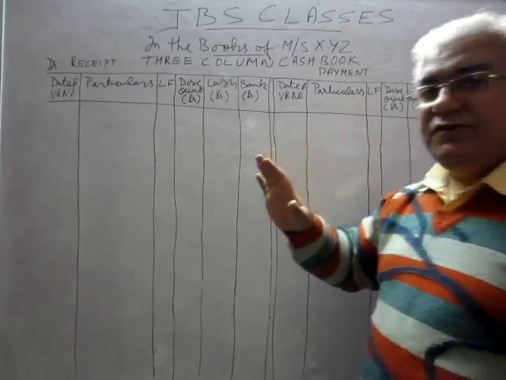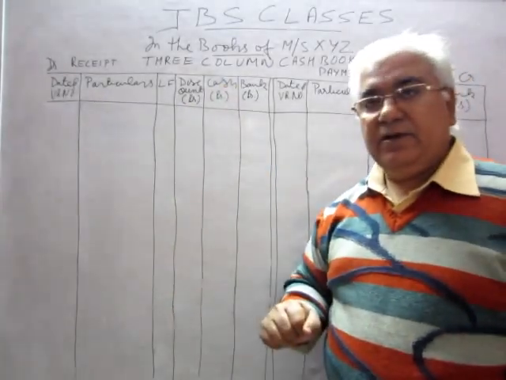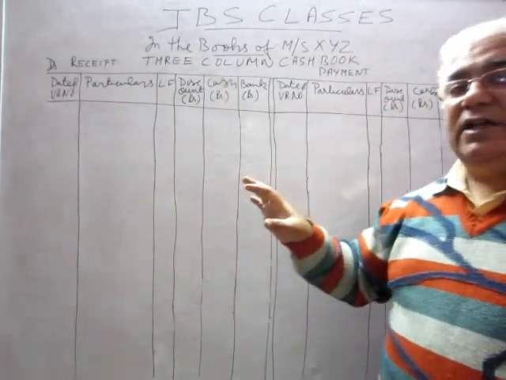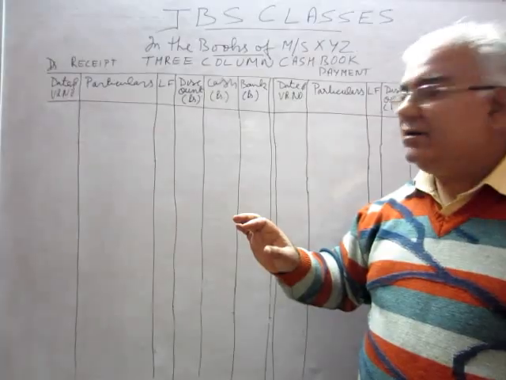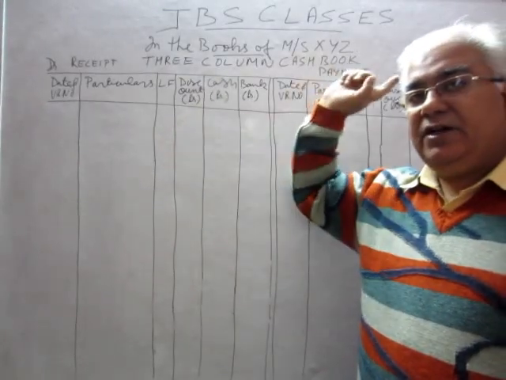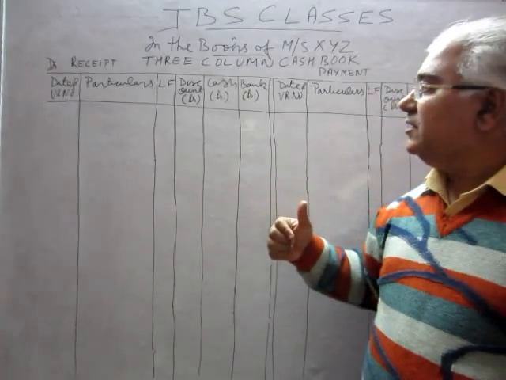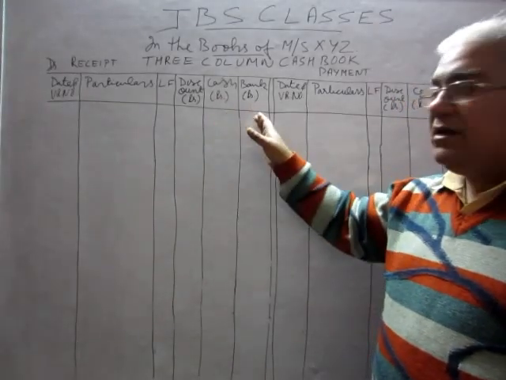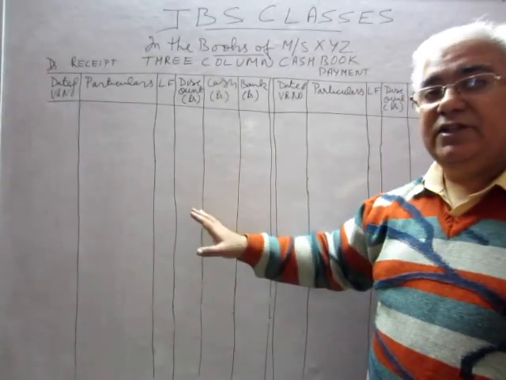All the transactions which relate to cash and bank are entered in the cash book. The cash book works as a journal actually, a book of original entry. From here, all accounts are posted except cash and bank. That means as far as cash and bank accounts are concerned, the cash book is also working as a ledger.